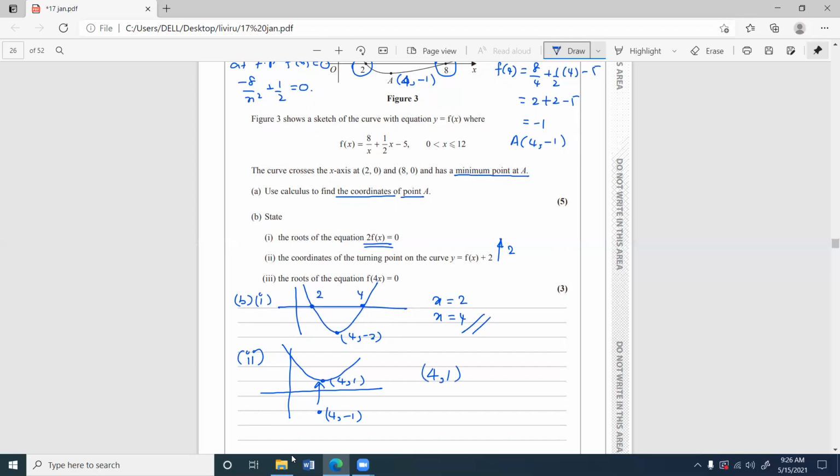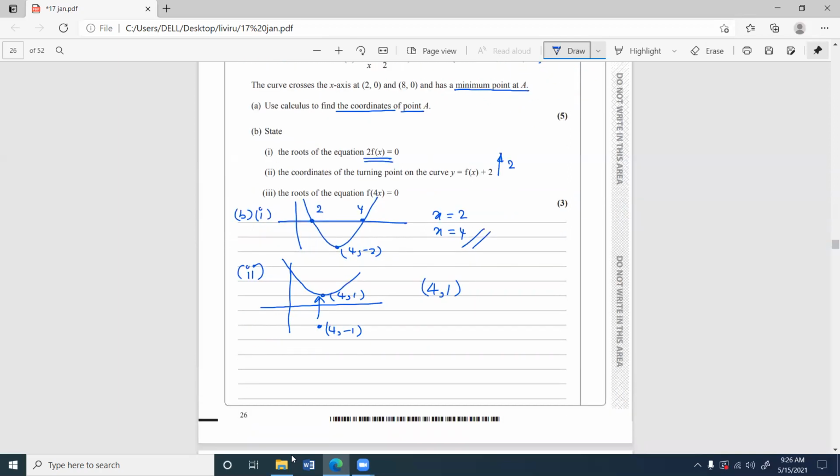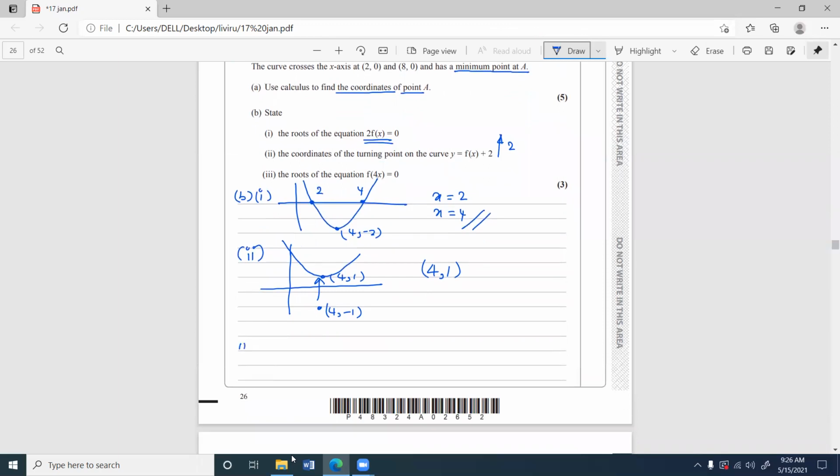The roots of the equation f(4x), this is pretty interesting. f(4x) means all the x coordinates are divided by 4. You know that x operations are always opposite. Therefore, 2 turns into half and 4 turns into 1. So the new roots for f(4x) become half and 1.